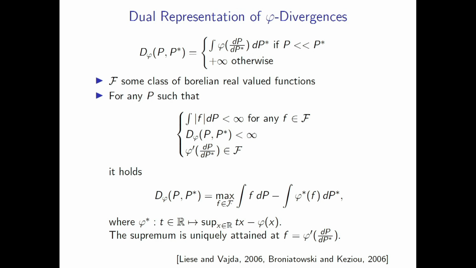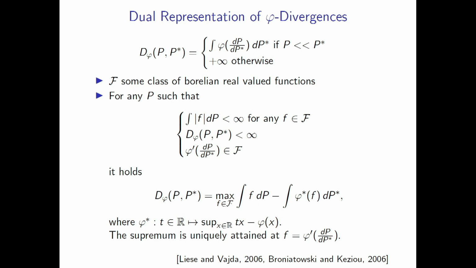And if you replace f by the function which is here, the composition of φ prime and dP over dP star, then the integral is exactly the divergence. So the supremum becomes a maximum, and the maximum is attained at this function. I insist on this because this will be our main tool here.